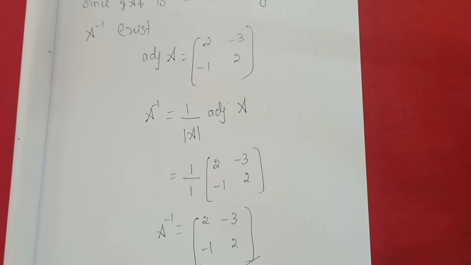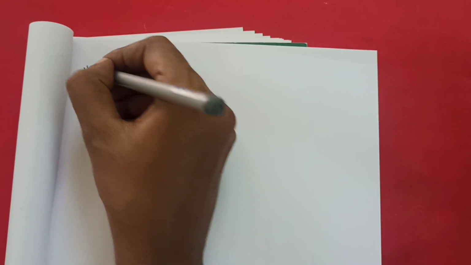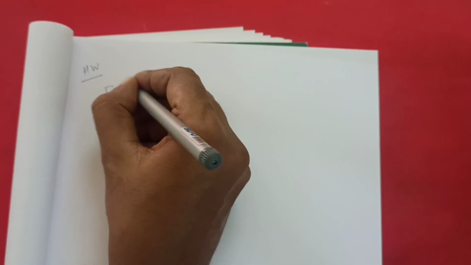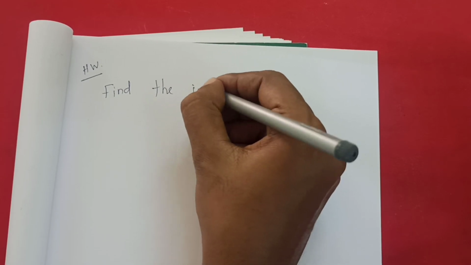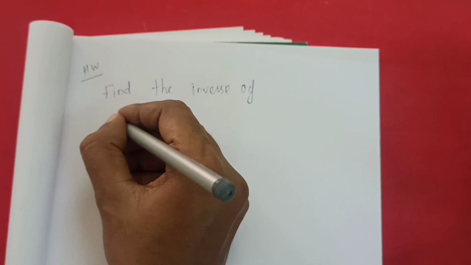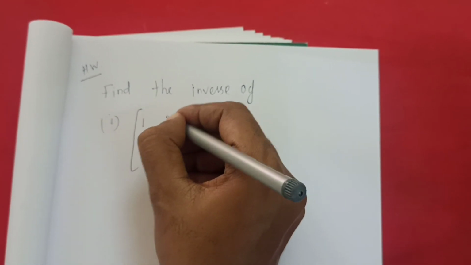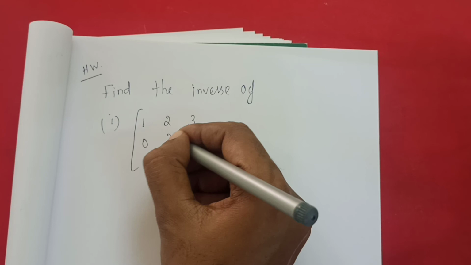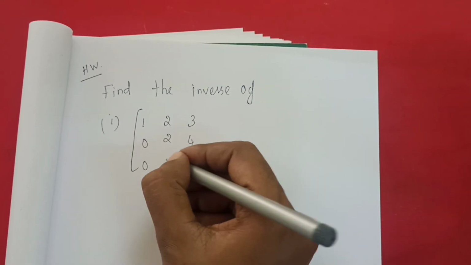Okay. So we have completed 1.17. Now I will give one or two problems to work out, then only you will get some idea. Take down the homework. Find the inverse of: first one 1, 2, 3, 0, 2, 4, 0, 0, 5.